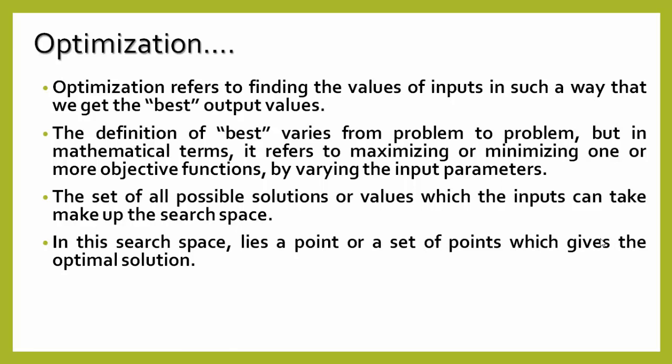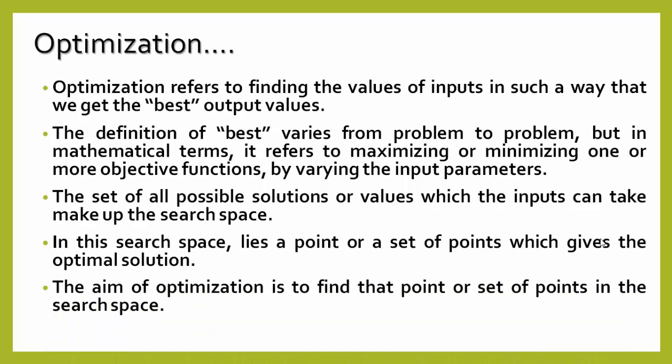Search space is created for finding the inputs, and in this search space lies a point or a set of points which gives the optimal solution. So the aim of optimization is to find that point or set of points in the search space.